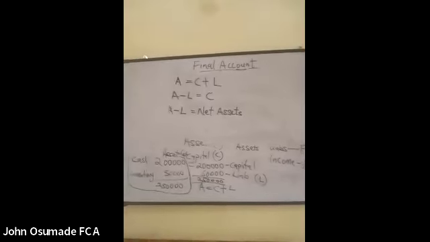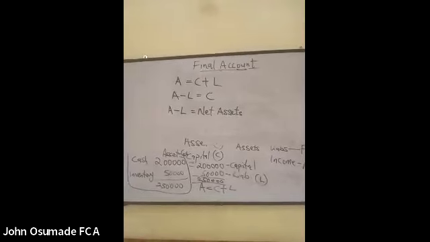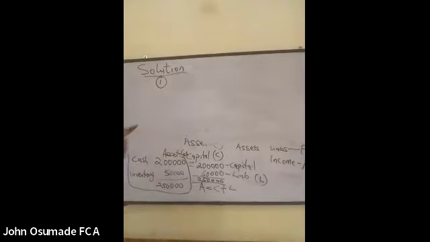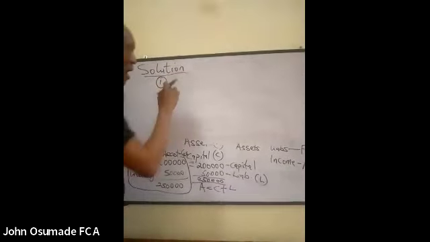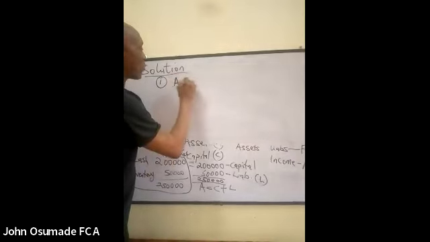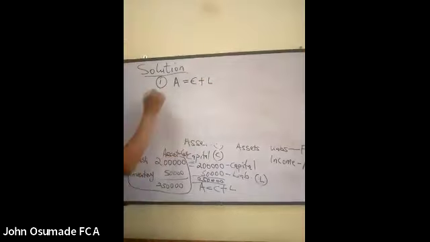Now, I want us to look at an illustration. They said we should find assets. So, assets is equal to capital or equity plus liability.